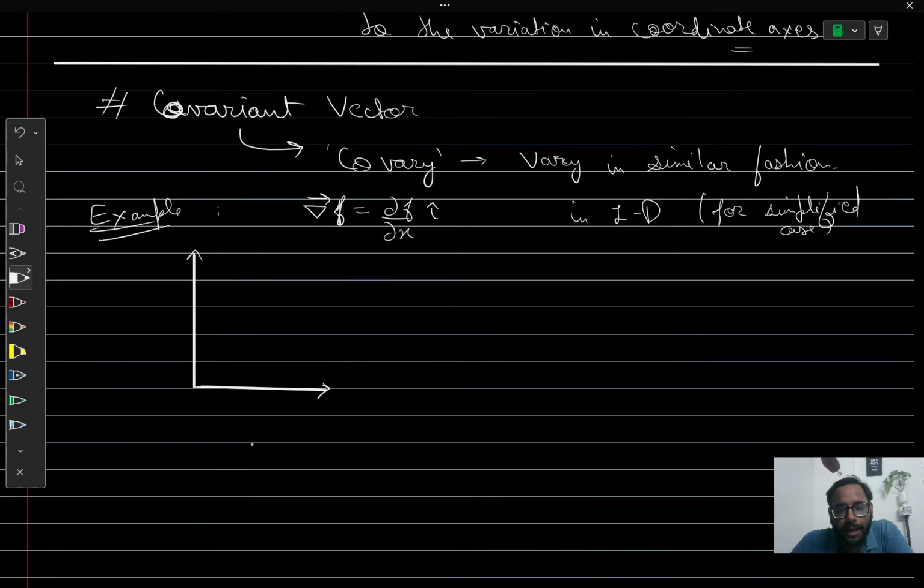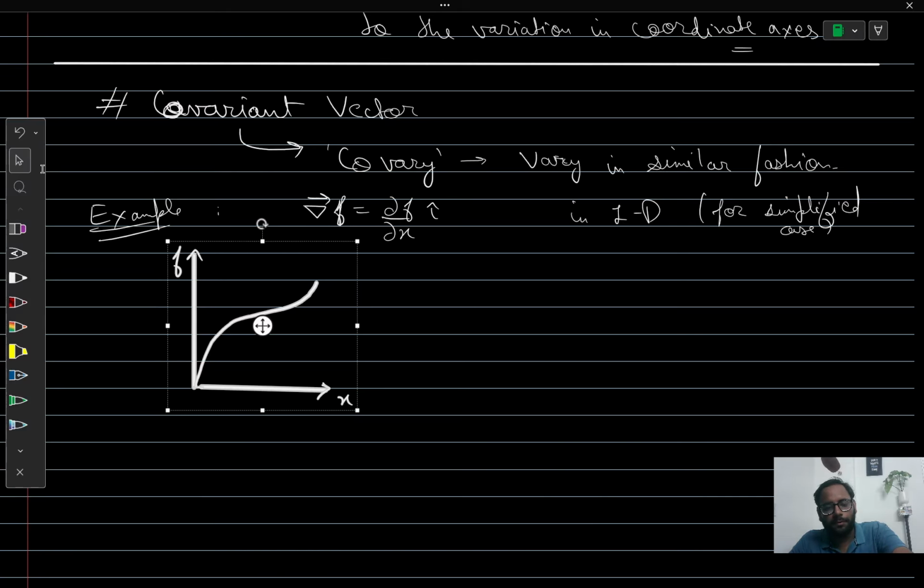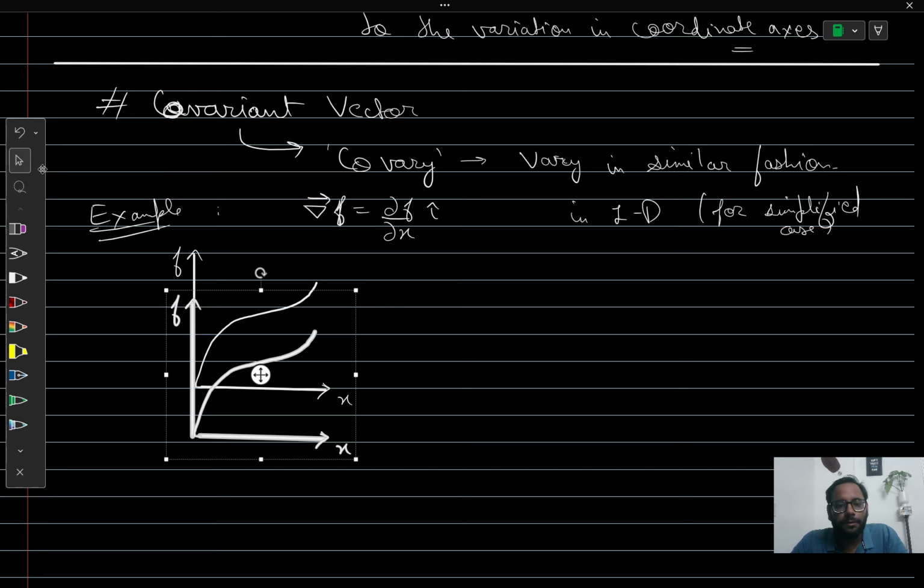So let's take this as my x axis, and this is my f axis. Okay, and I draw some graph like this. Now I should copy it.